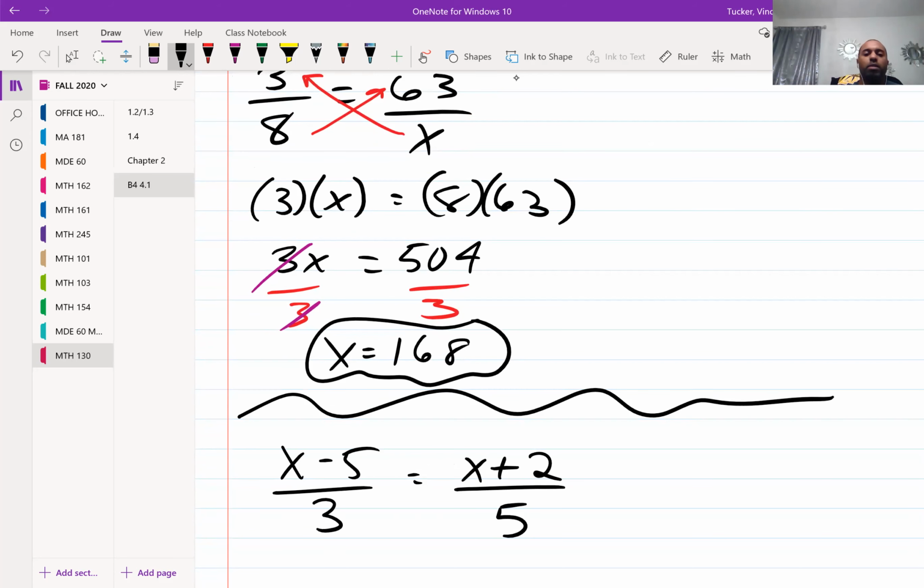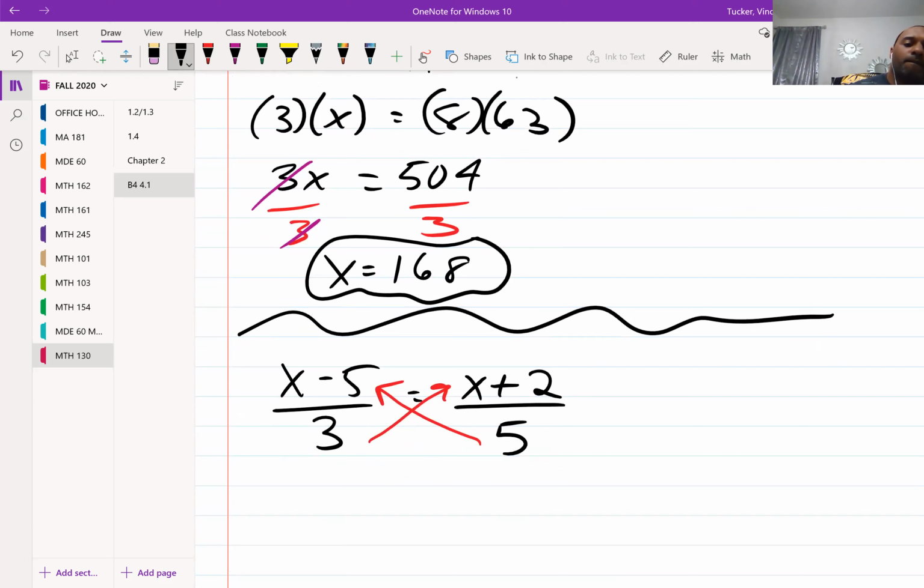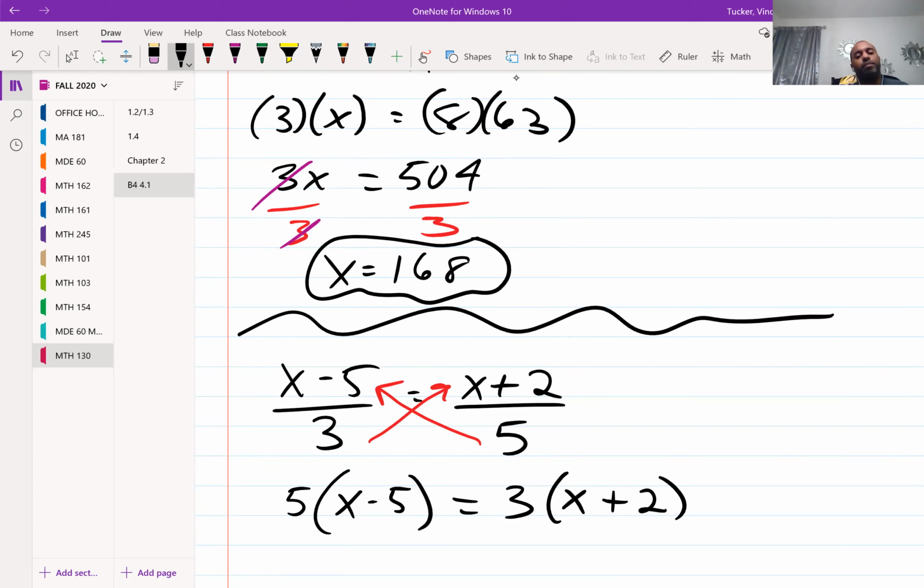Do one more like this. x minus 5 over 3 equal to x plus 2 over 5. Once again, cross multiply. So it's going to be 5 times that whole numerator equal to 3 times x plus 2, which is that whole numerator.